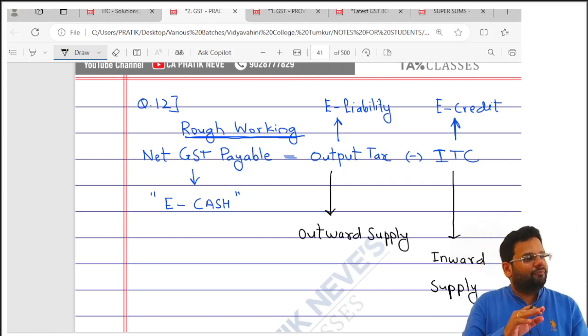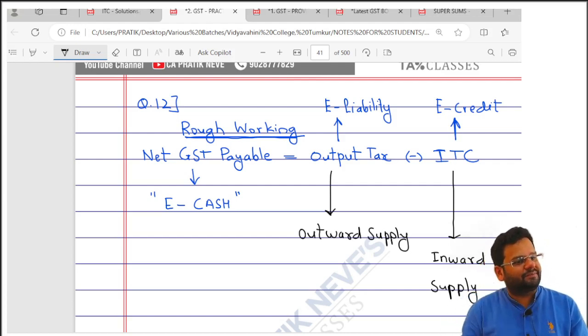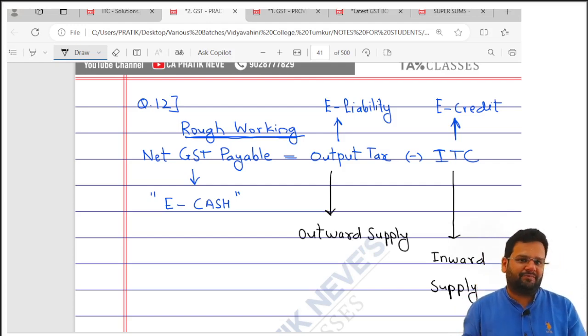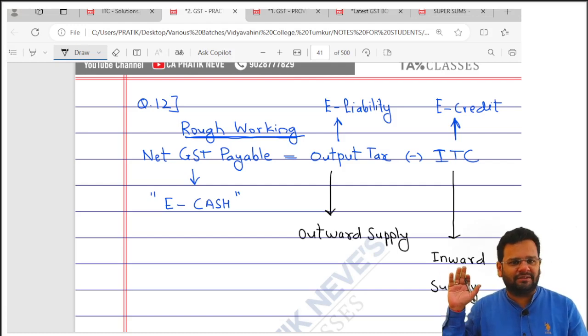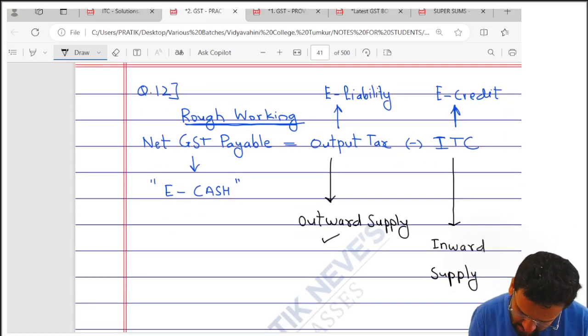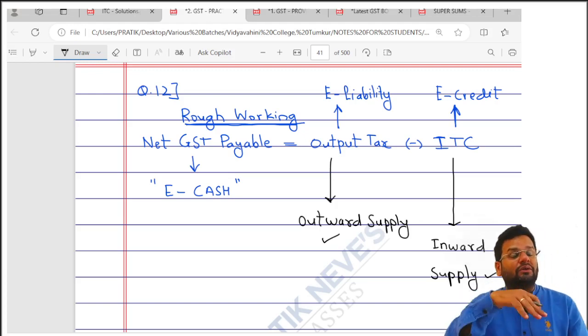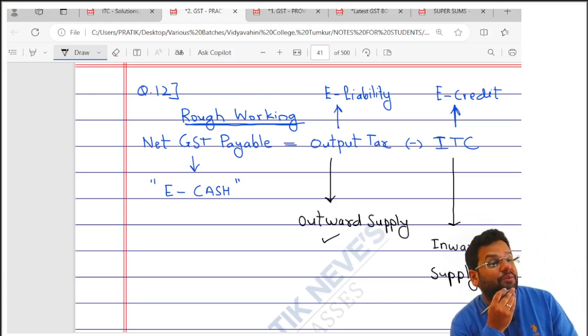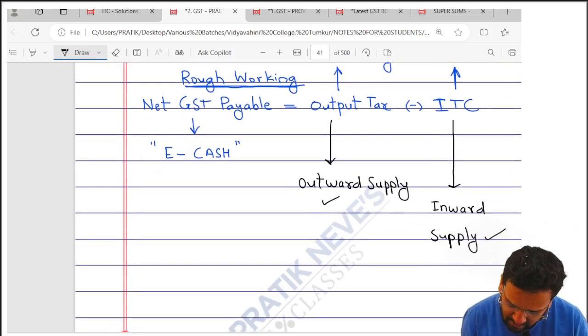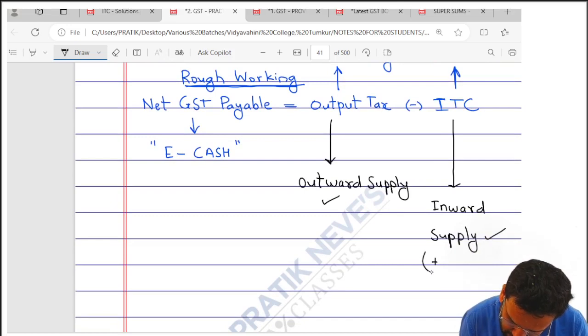Yes, so you have been given information of all the things. Outward supply means sales, inward supply means purchase. So you have outward supply, you have inward supply. Not only inward supply, you have some opening balance also of ITC. So you will get this ITC available from inward supply for the month plus opening balance.